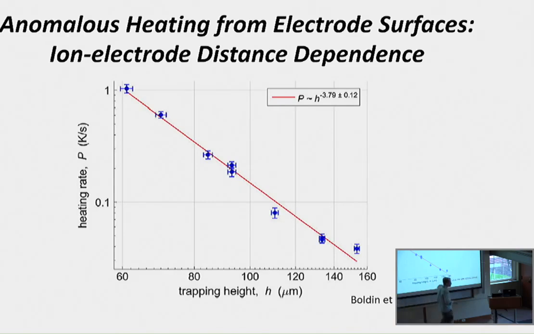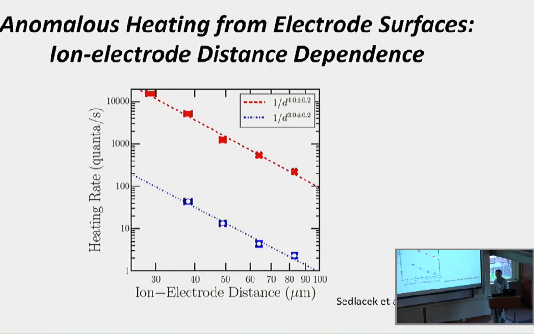And then John Cheverini's group also did it recently by making a trap where you have different traps on the same chip, but because of the shape of the electrodes, the ion height is different at different places on the chip.